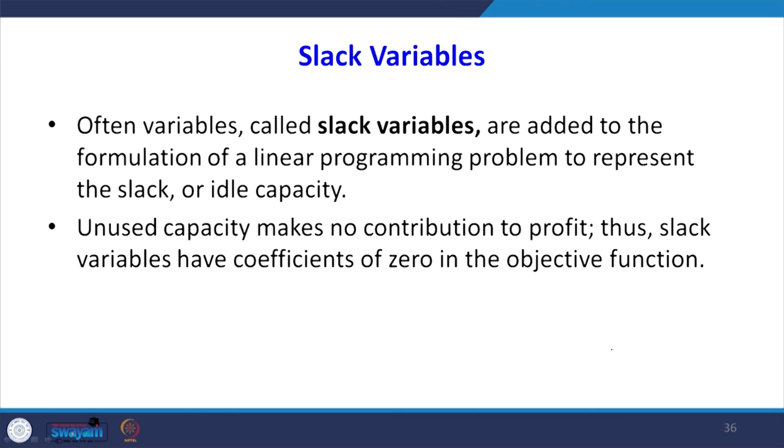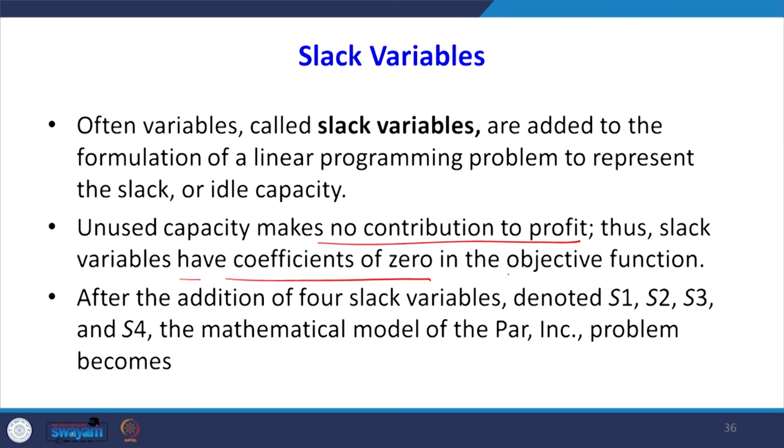Unused capacity makes no contribution to the profit because it is idle, that is not going to help in achieving your profit. Thus the slack variables have a coefficient of 0 in the objective function. So, when you introduce the slack variable, the contribution of that slack variable is 0. In our objective function that will have the 0 coefficient.